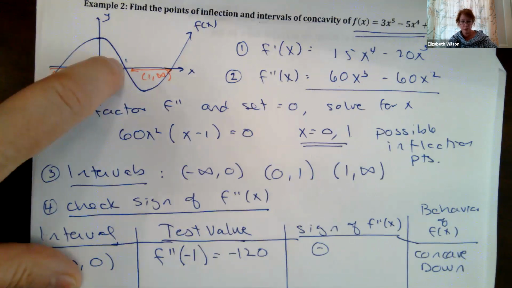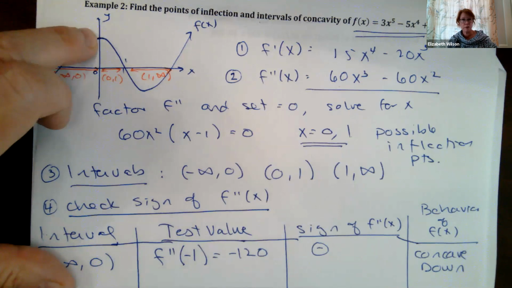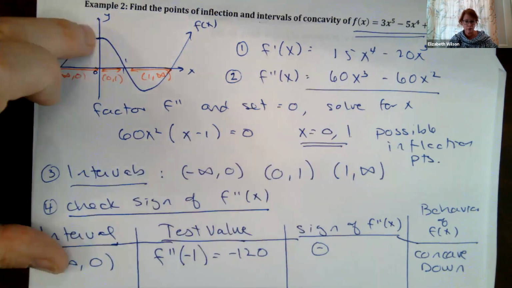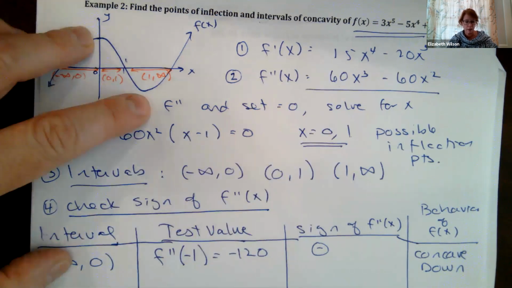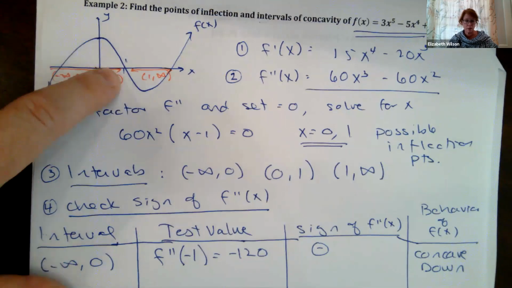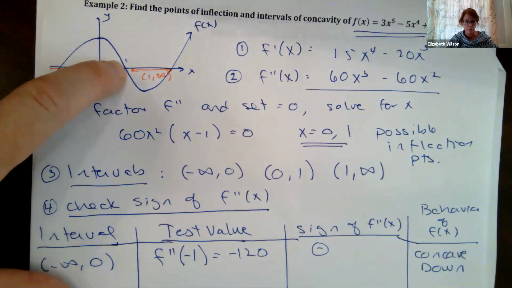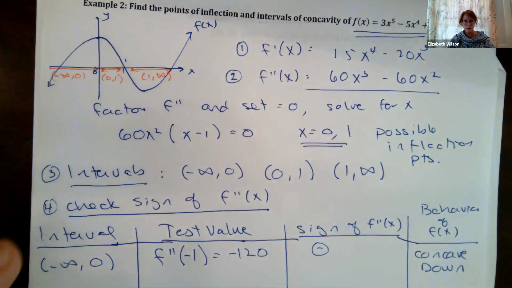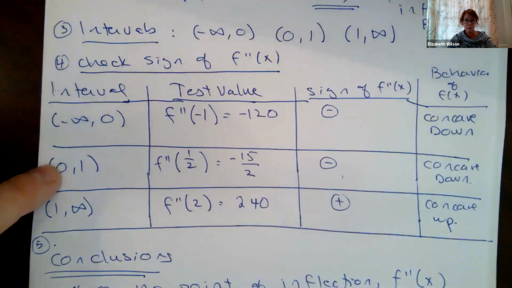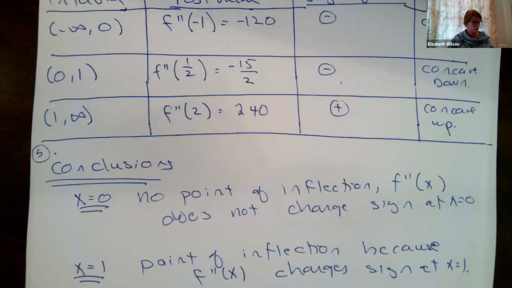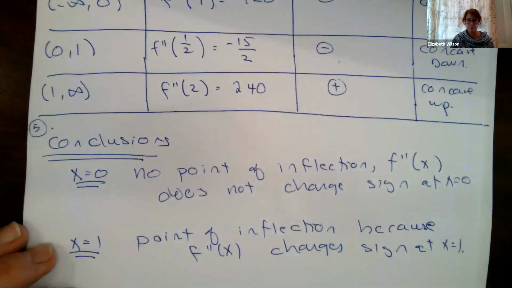Most likely x equals 0 is going to show up as a critical point when we do our first derivative test, giving us a local max, and then we get a local min right here. We do our second derivative test, and it's going to show us we have a point of inflection here, but not here. But we have to check to be sure. So we make up a whole table. We've got these intervals, we're checking our values, we're checking the sign of our second derivative. Based on that table, I can come up with conclusions about what's happening.